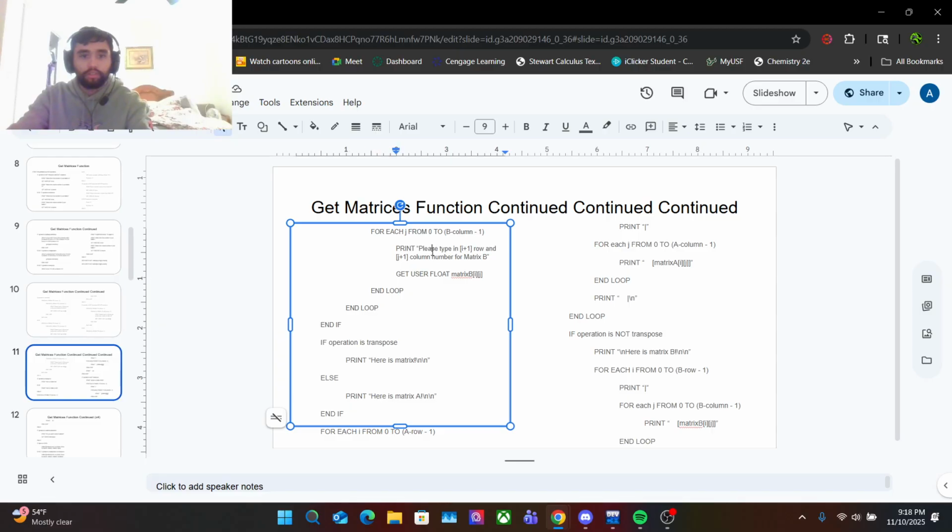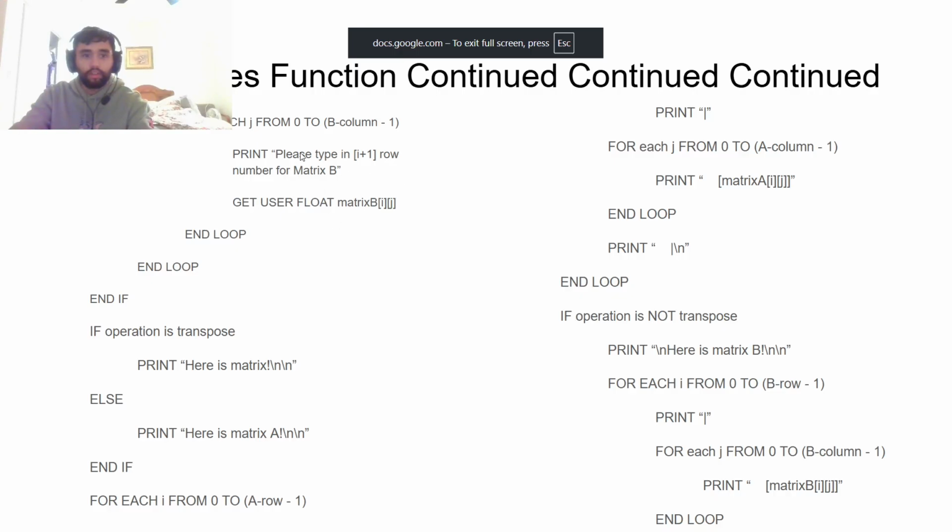This should just be, please type in row number for matrix B, because you only have one column number. There you go. That was weird. I swear I changed this, but I guess it didn't. Okay. And that's just for the row.